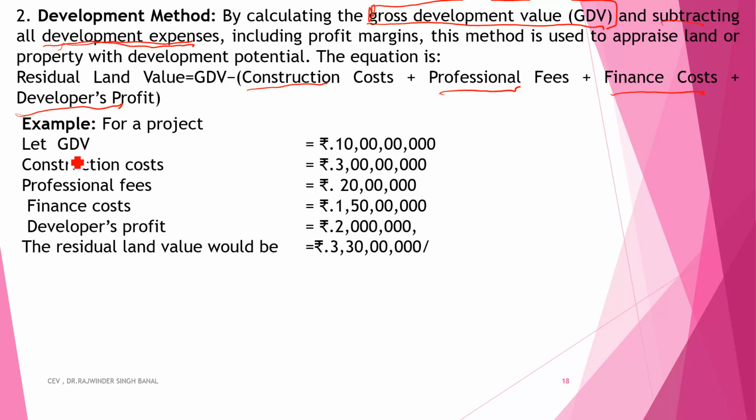Let us suppose the gross development value is 10 crore, out of which construction cost is 3 crore, professional fees are 20 lakh, finance cost is 1 crore 50 lakh, and developer's profit is 2 lakh. You deduct all these from 10 crore. So the remaining residual land value will be 3 crore 30 lakh.